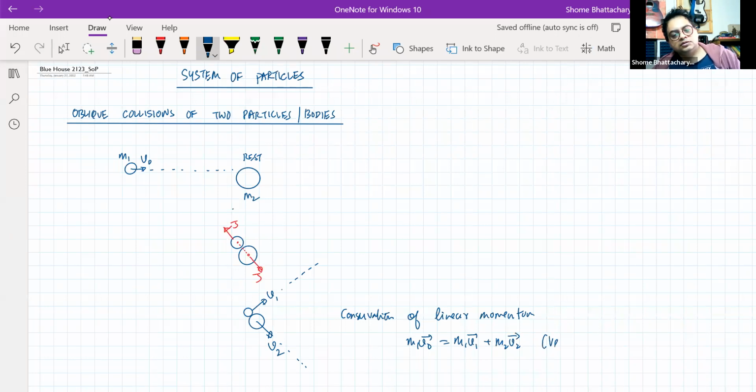So this is a vector relation, and the coefficient of restitution, and we will require these to solve the problem. Okay, so just note down up to here first.